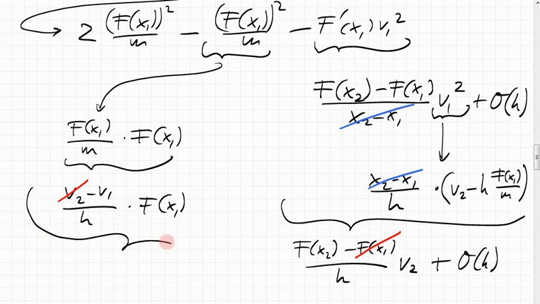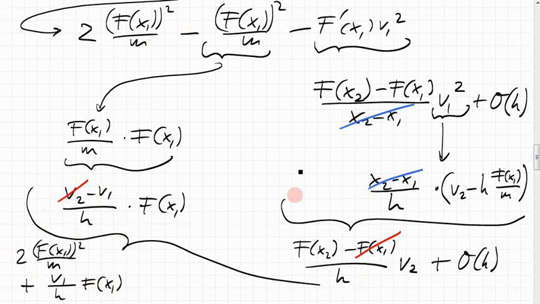And what we end up with is the following: 2 times the force squared over m, minus, which makes it plus, initial velocity over h times initial force, plus initial velocity over h times initial force, minus, makes a minus, final force over h times final velocity, and something of order h. In case you're wondering, this is plus order h with a minus up front, and I'm still writing plus order of h here. Minus h or plus h, both are of order h. The sign in front here does not matter.